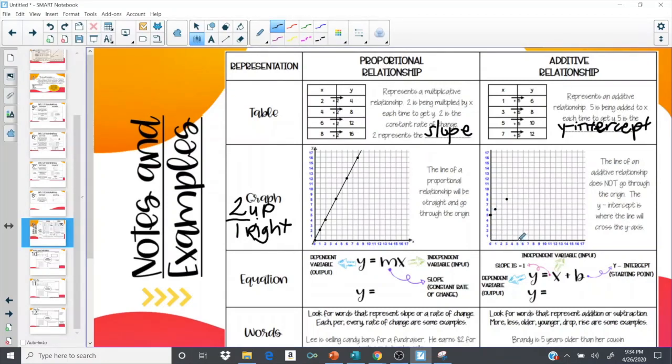Move to the right 5 units, and up 10 units. And then lastly, 7, 12: move to the right 7 units and up 12 units. Plot your point. From there, you can use your straight edge.